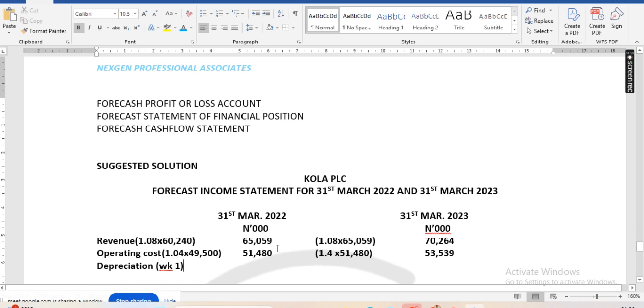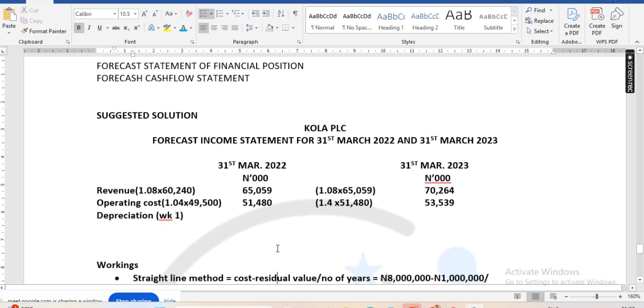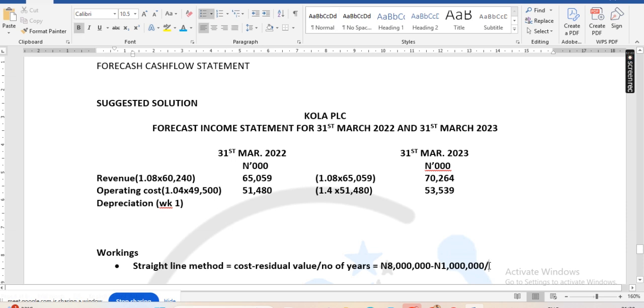It's very important. So divided by 8 years. What is the depreciation amount, class? 875,000 naira. Okay, 875,000 naira.